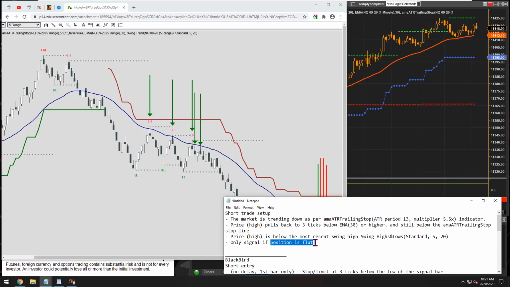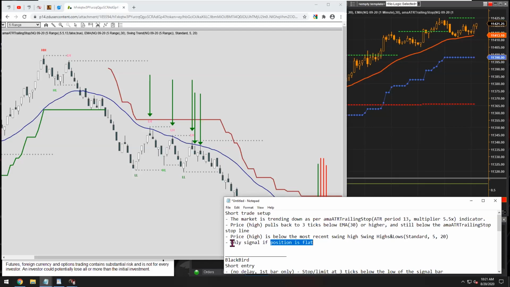So BloodHound will never know, whether it's Raven or Blackbird, the two strategies, or even if you have a custom strategy built using BloodHound, BloodHound will never know whether your position is flat or not, because indicators can't get that information from NinjaTrader, unfortunately.